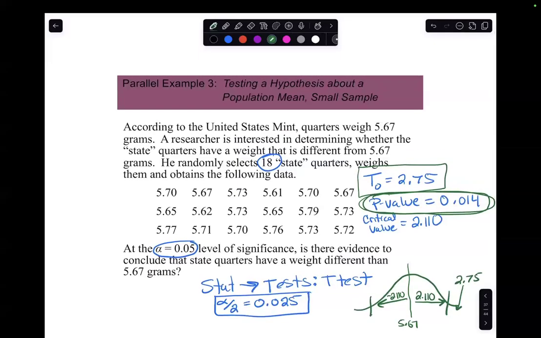You would either say, since my p-value of 0.014 is less than alpha of 0.05, we reject the null hypothesis. Or you can say, my test statistic of 2.75 is greater than the critical value of 2.110, therefore I reject the null hypothesis.